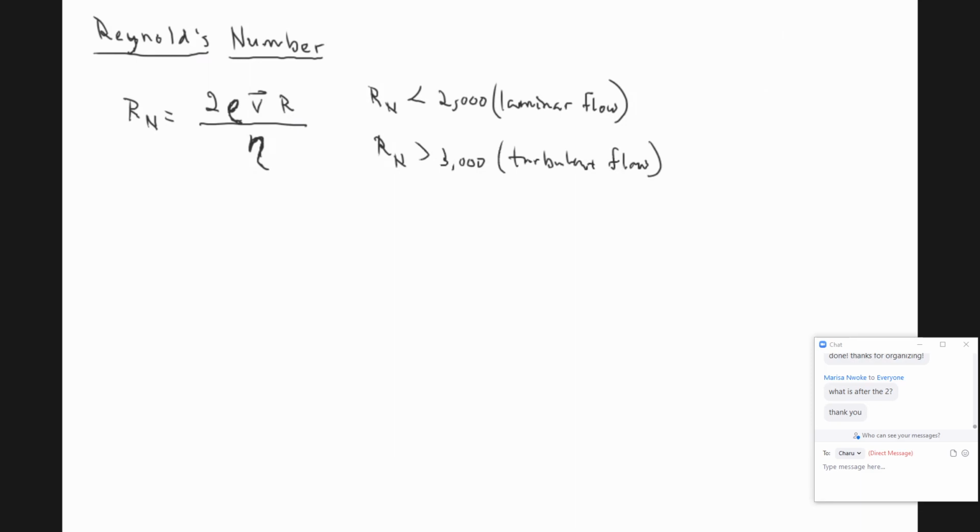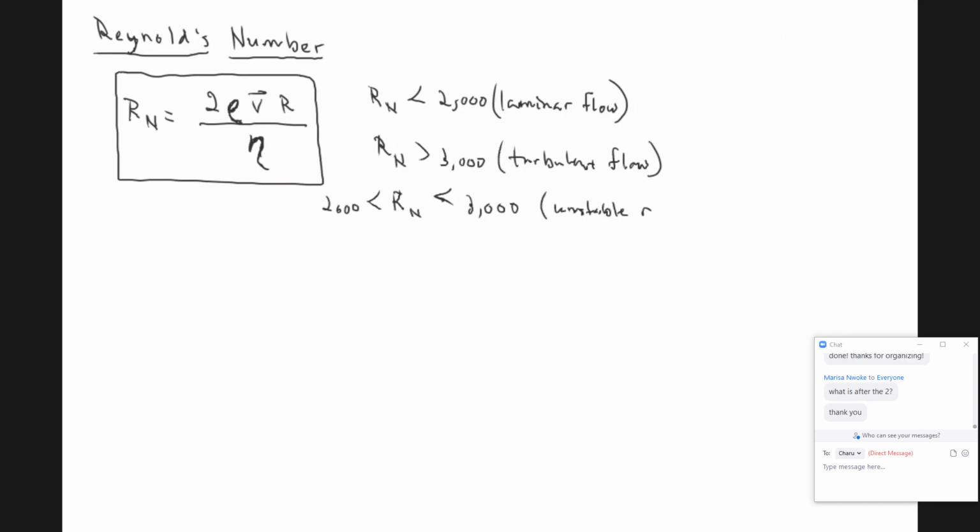Okay. So let's take a look at what is laminar flow and what is turbulent flow. But before that, when the Reynolds number is between 2,000 and 3,000, this is what we term the unstable region. Within the unstable region, you can have a variance between laminar flow and turbulent flow changing at any given point in time.